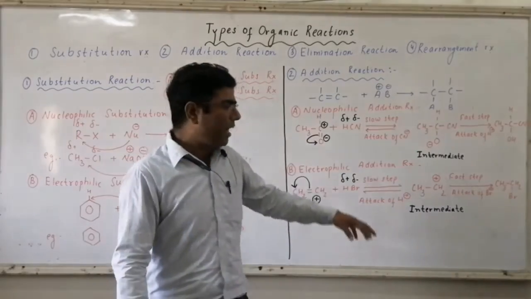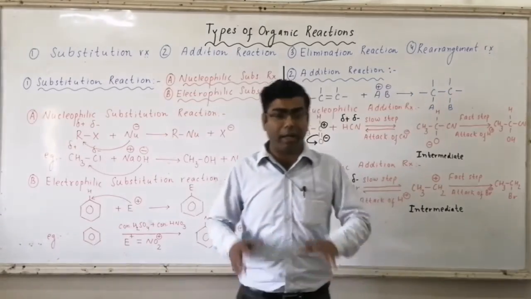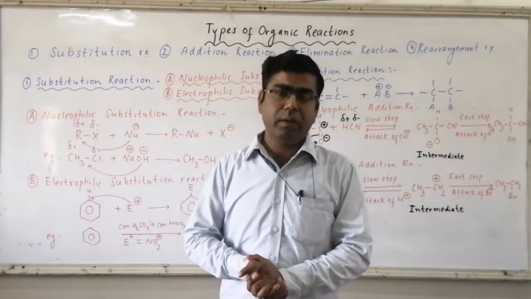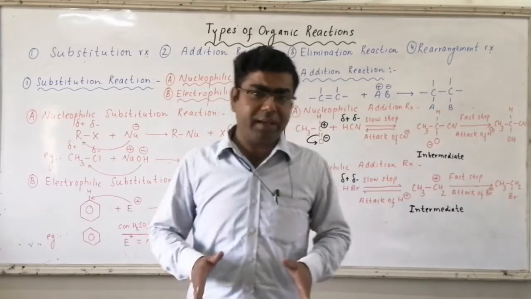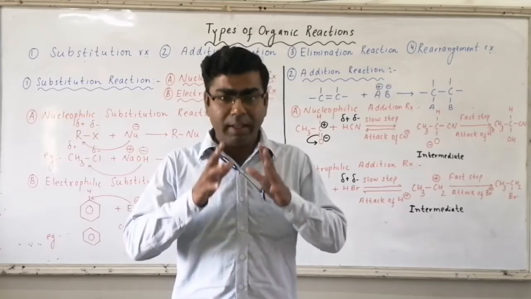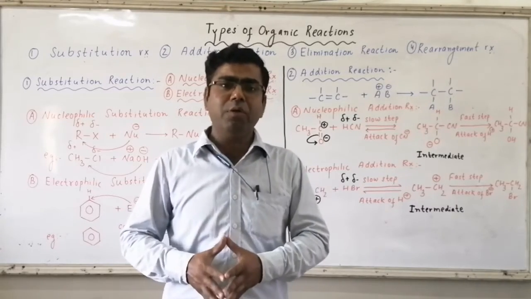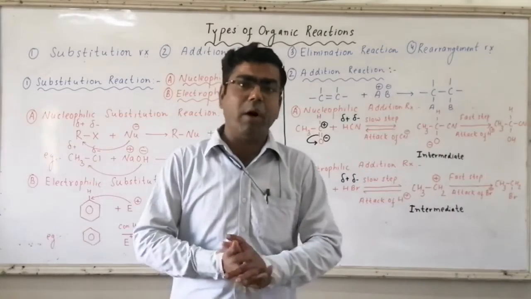So in this reaction, unsaturated organic compounds will be converted to saturated organic compounds. So combination reaction or addition reaction is exhibited by unsaturated organic compounds, and by this reaction, unsaturated organic compounds will be converted to saturated organic compounds.